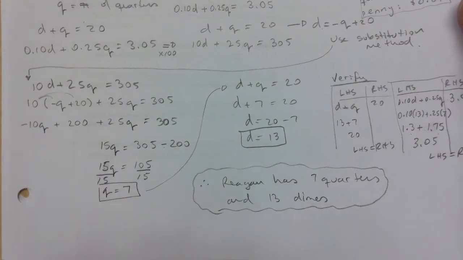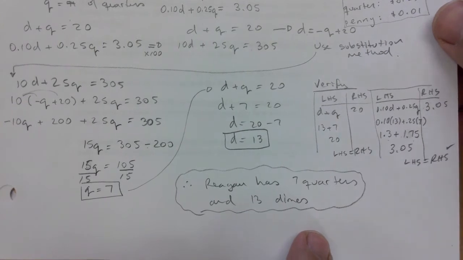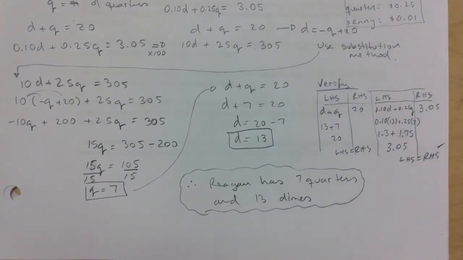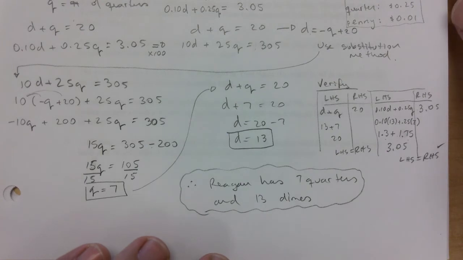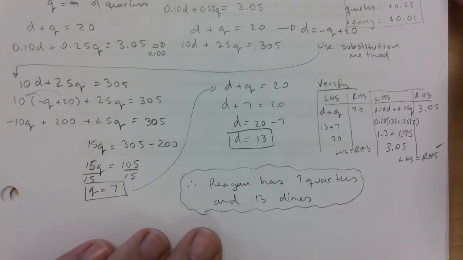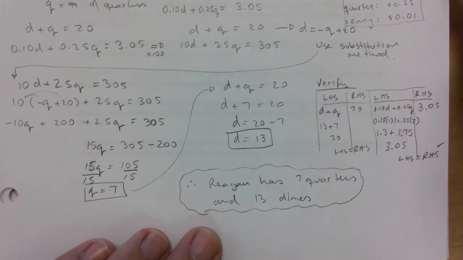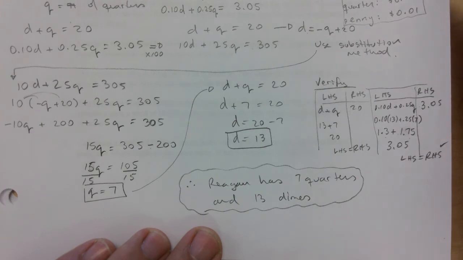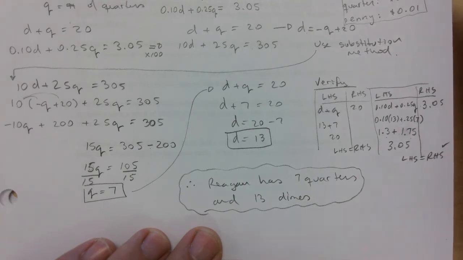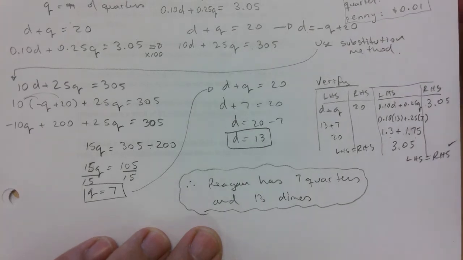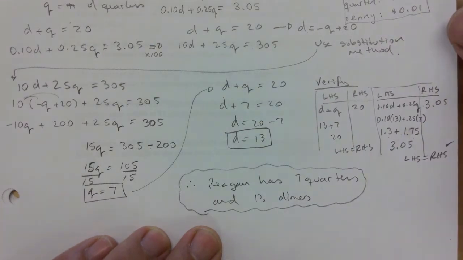I'm going to get you to flip over to the next page once you're done this and give example 3 a try. Okay? All on your own. I will just give you the answers, or I will quickly work through it without verifying, just to make it a little bit quicker.